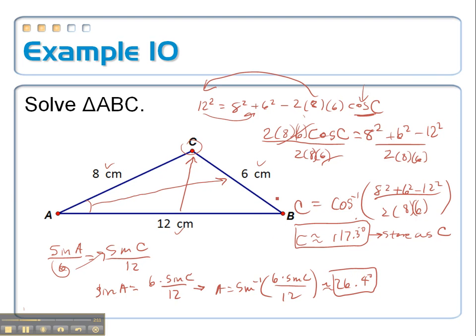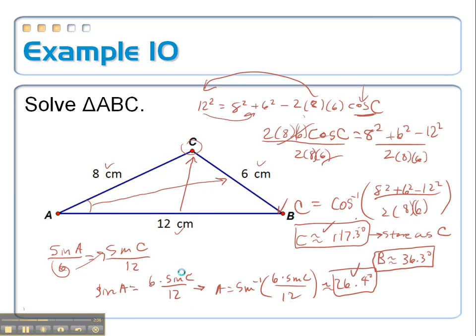Do I have to use the law of sines or cosines? No, I don't. This angle plus this angle plus B should all add up to 180 degrees. So add these two, subtract it from 180, and I get approximately 36.3 degrees for B.